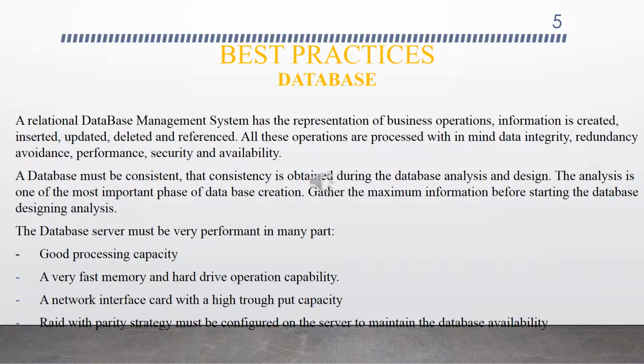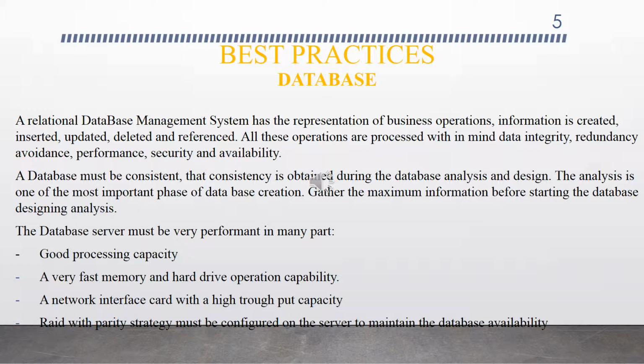Redundancy avoidance: you don't want to have the same information multiple times, because that's just going to increase your search, and it's going to be really complicated for users to get the data, because they're going to get multiple records instead of just one record.